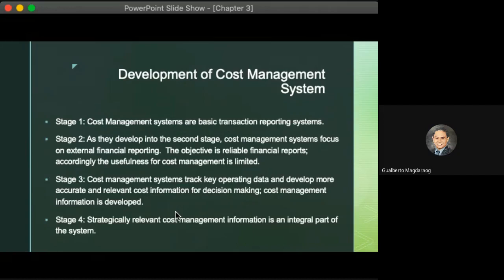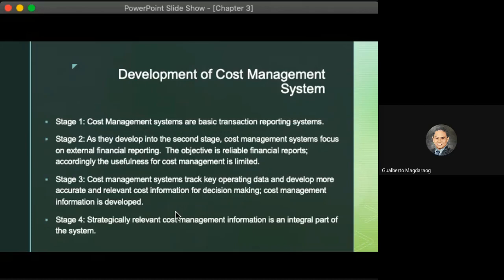Sige, let's go to this one, cost management. Okay, natutunan natin yung cost management is about providing advices to different departments by giving them financial and non-financial information so that they can make decisions for their departments.